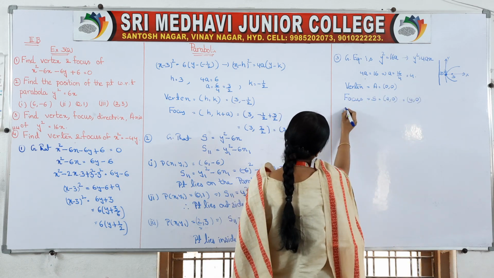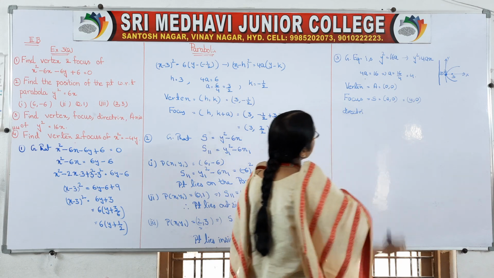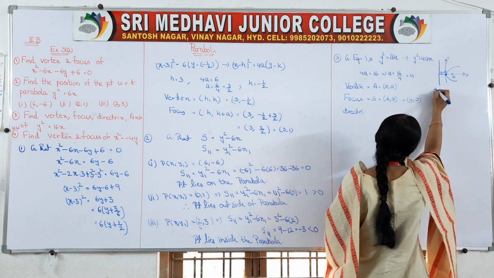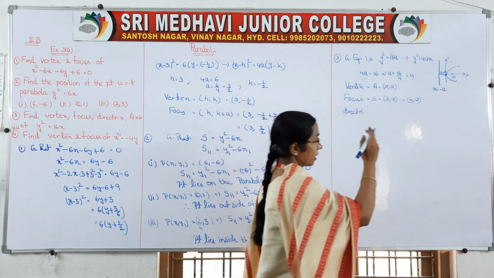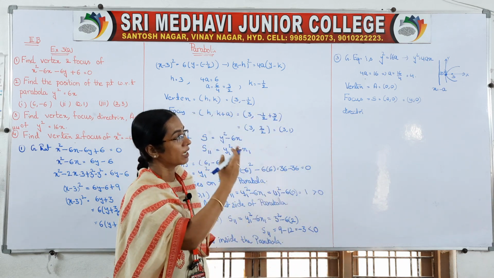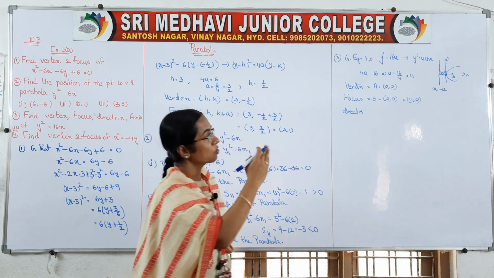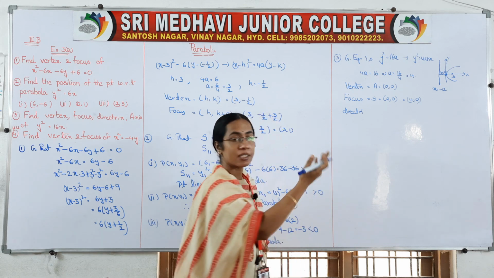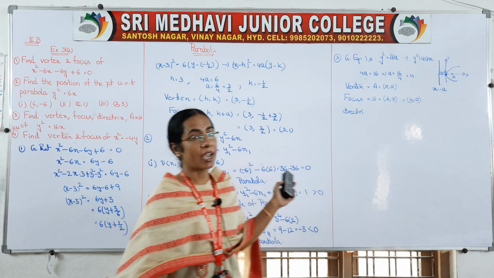Okay, next you take directrix. What is your directrix? If you observe, your directrix equation is x is equal to minus a. The directrix maintains the same distance from the vertex as the distance from the focus. So vertex to focus the distance is a. Same vertex to directrix the distance is a only, but it is on the left side of the y-axis.